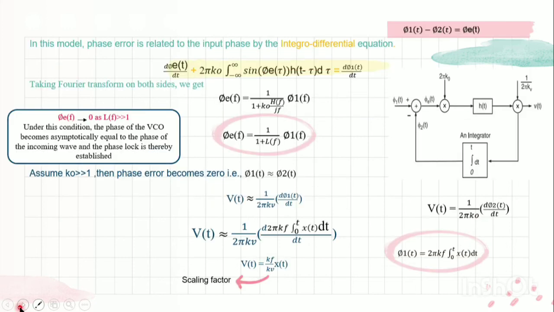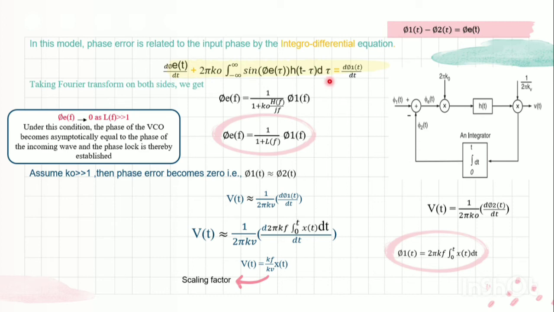Coming to our linearized model, it gives the relationship between the phase error and the input phase by an integro-differential equation. As you can see in the equation here, it has an integral term and a differential term. Based on the theorem, we can observe three things from the PLL circuit.